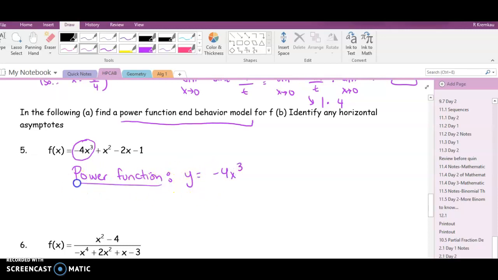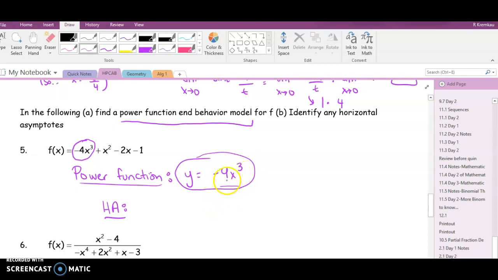All this means is that this function is going to generally follow the same path as y equals negative 4x cubed. It's got a few little adjustments because of everything being added or subtracted to it at the end, but in general, it's going to follow this function. As far as a horizontal asymptote goes, if you look at negative 4x cubed, there is nothing in the denominator.